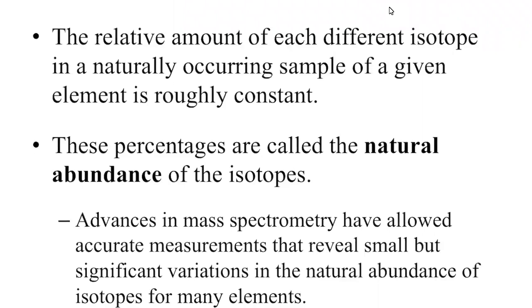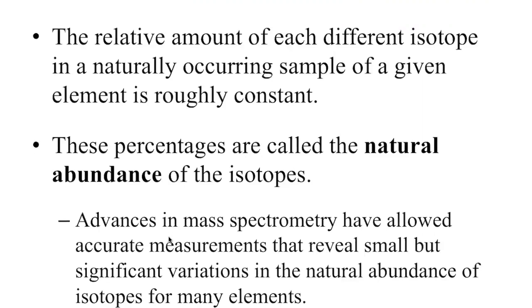The reason is that what is presented in the periodic table is the average, or the abundance, of the mass of all the isotopes. Towards the end of this chapter, we're going to be doing calculations so you can calculate it.